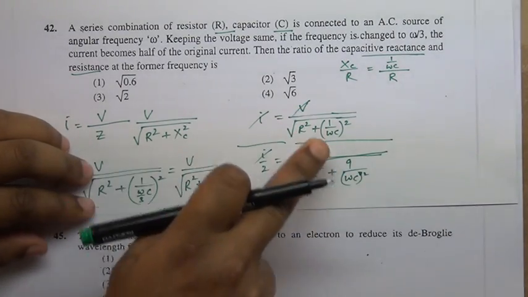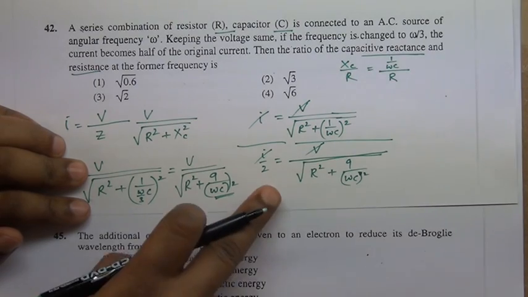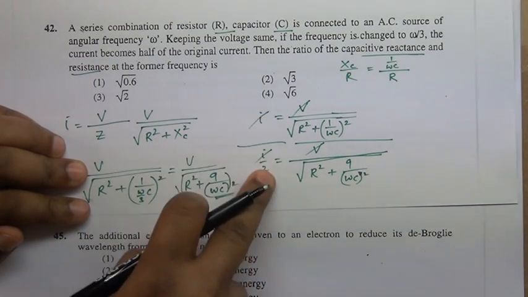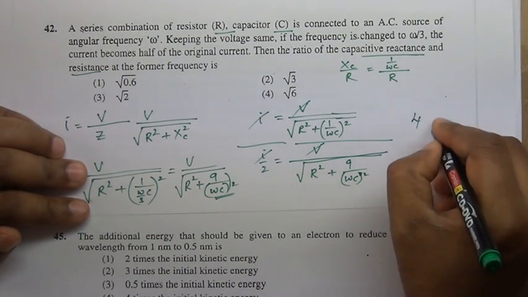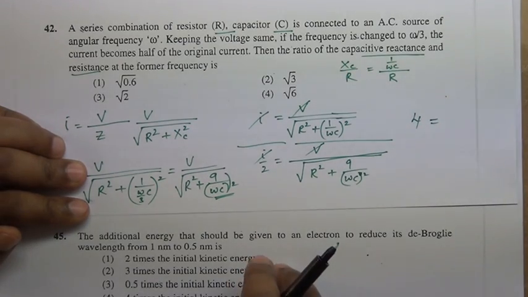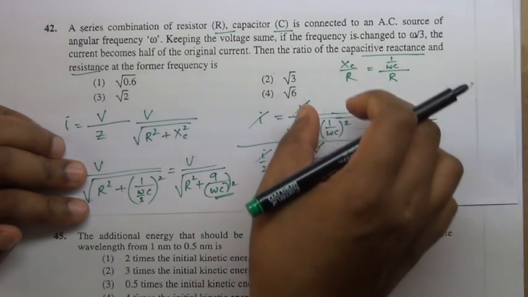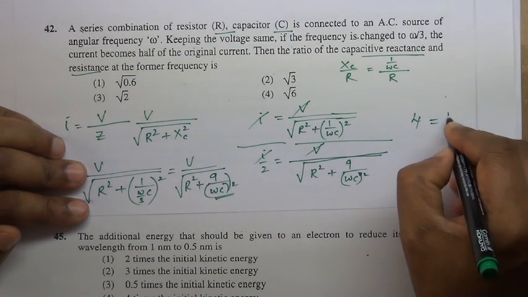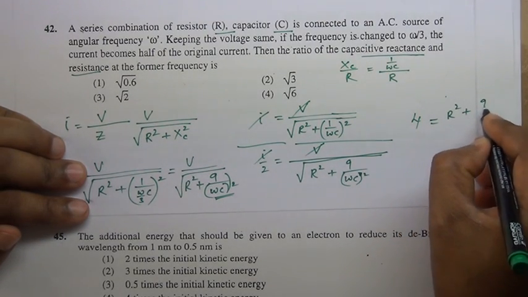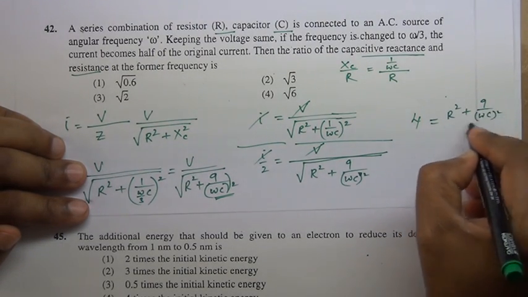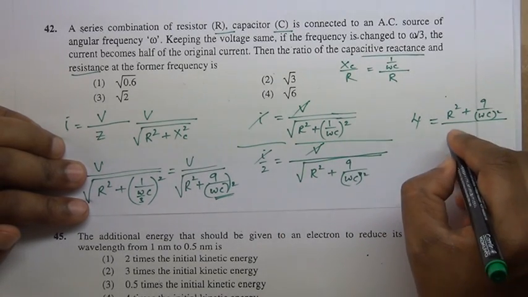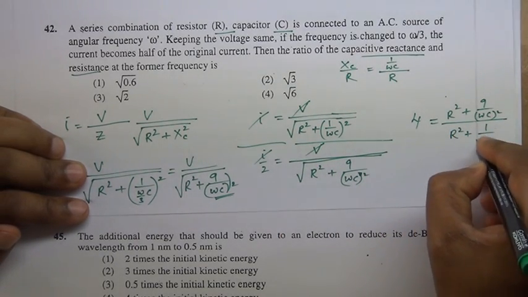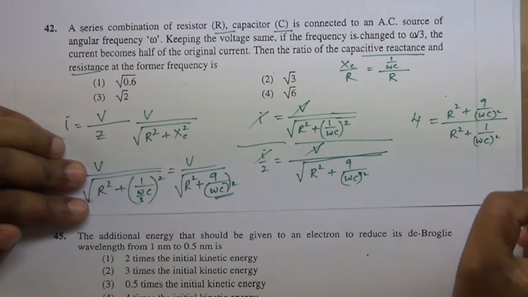Actually I am dividing this by this. The 2 goes to the numerator with square, so 4 equals R square plus 9 by omega C square, divided by R square plus (1 by omega C) whole square.